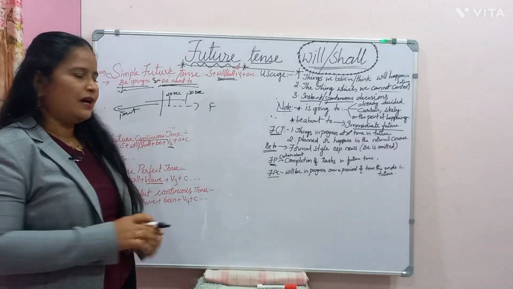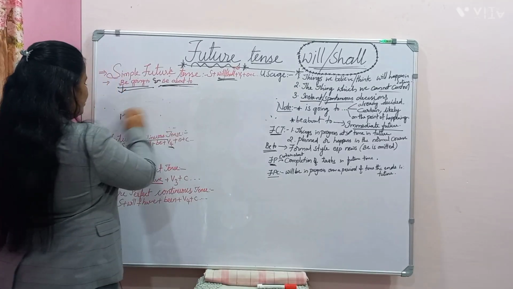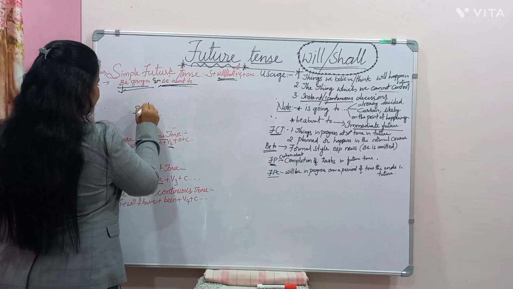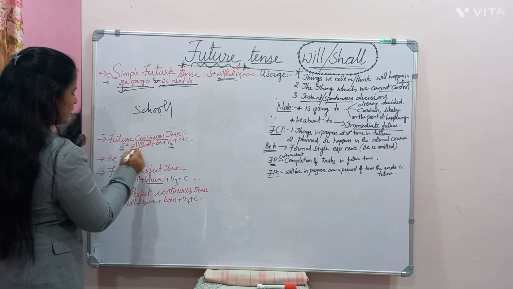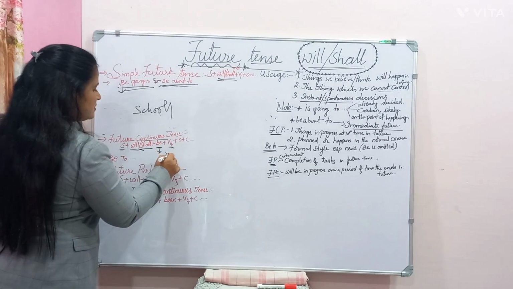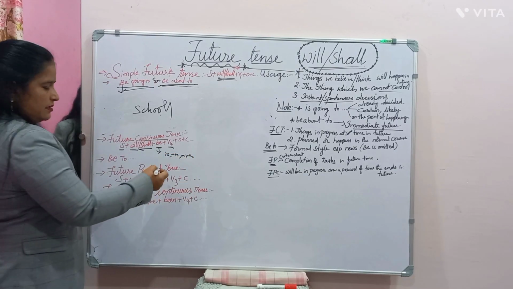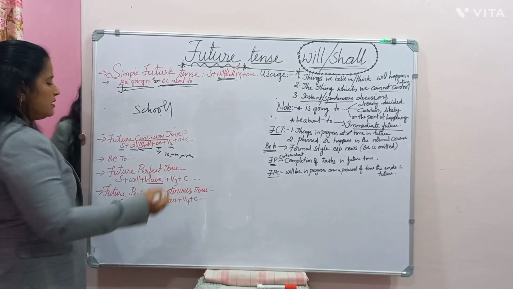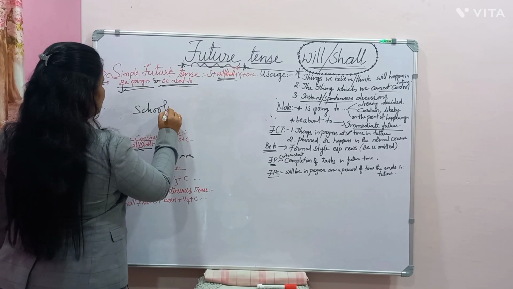So at that time, what will you say? Schools. What is the structure? See now: subject, will or shall, be. You all know what be is: is, am, are. Depending on the subject, you take the related be form, and the verb form.